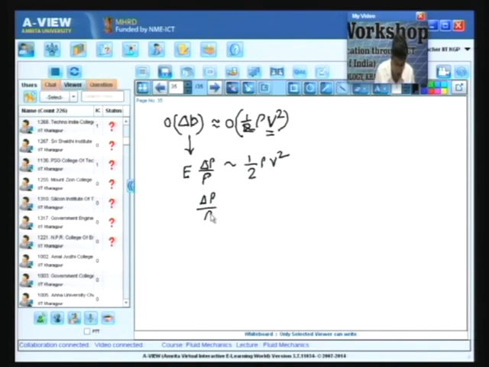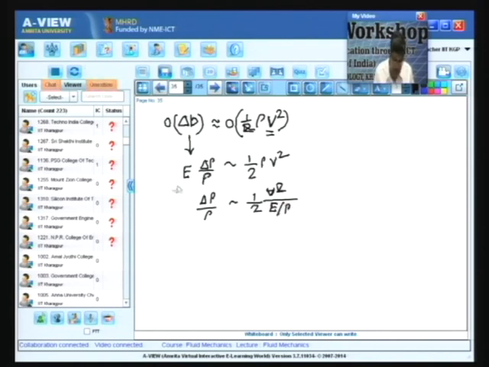by rho is proportional to half, it will be E half V square, V is the velocity, V square divided by, now I write it like this, E by rho.